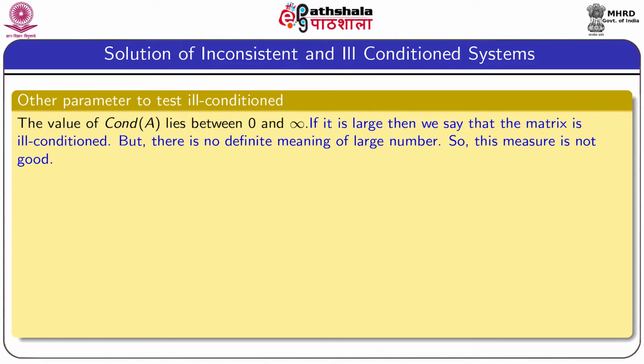The value of cond A lies between 0 and infinity. If it is large, then we say that the matrix is ill-conditioned, but there is no definite meaning of a large number, so this measure is not suitable to identify whether a matrix is ill-conditioned or not.